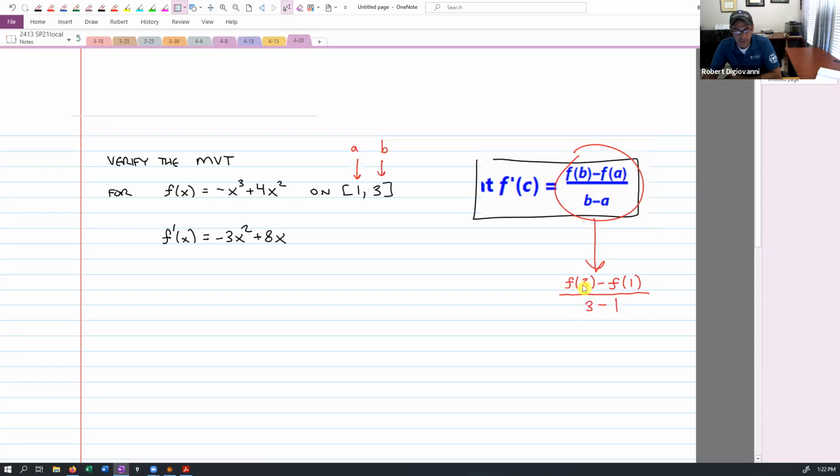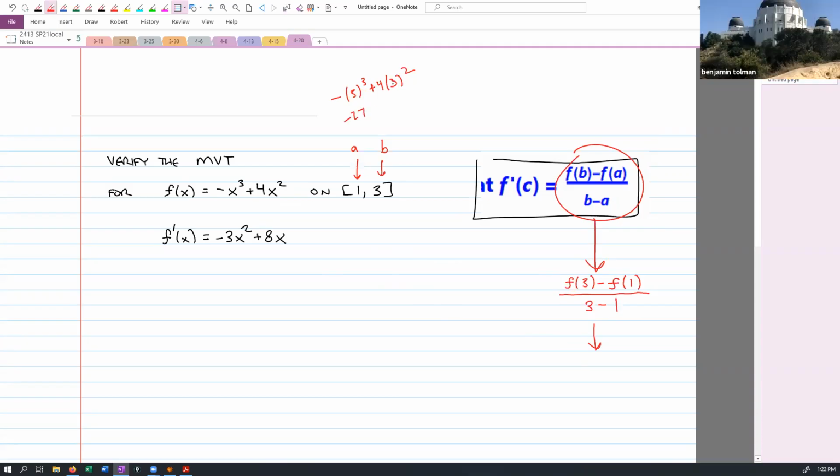So f of 3 means plug 3 into the original function. What happens if we plug 3 in here? Negative 3 cubed plus 4 times 3 squared. Negative 27 plus 36, I'm getting 9. You'll get 9 there? Yeah.